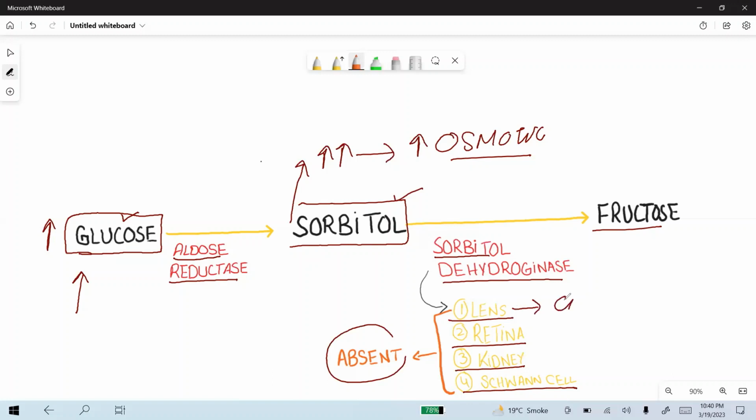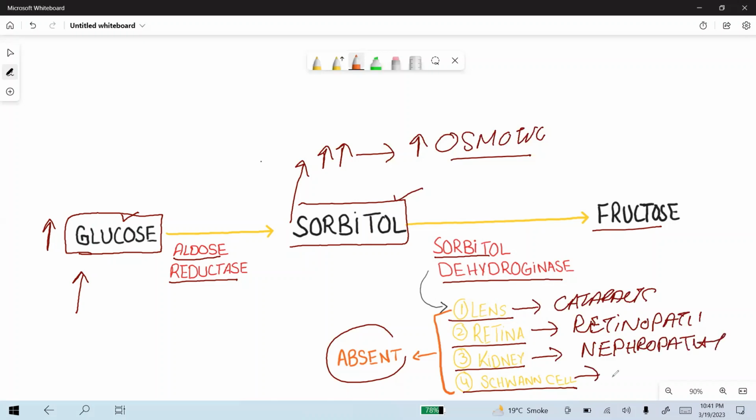It leads to cataract. In the retina, it leads to retinopathy. In the kidney, nephropathy. Due to osmotic damage in Schwann cells, peripheral neuropathy.